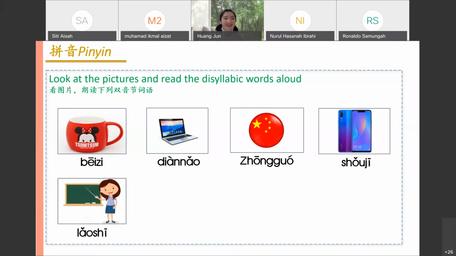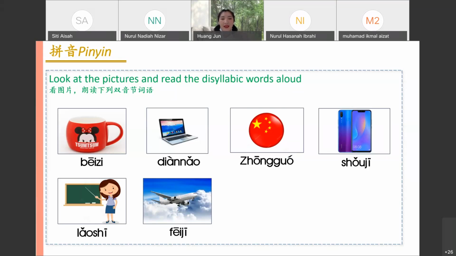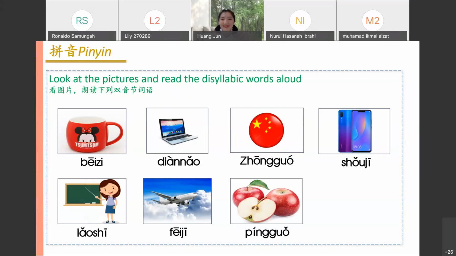Teacher, 老师, 老师. So for example, you can also call me Nina 老师. Okay, no problem. Then this one, airplane, 飞机, 飞机. 苹果, 苹果.